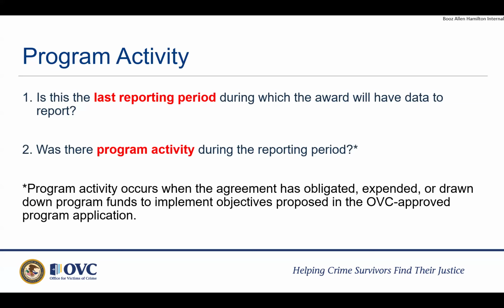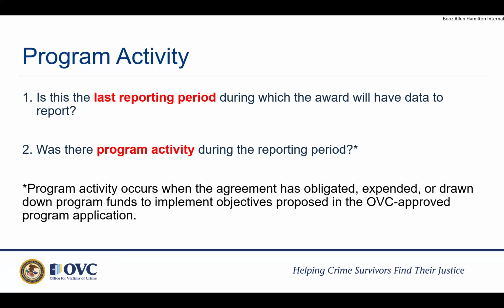So the first question that you'll answer each reporting period is, is this the last reporting period during which you will have data to enter? And that's typically going to be determined by your award end date.